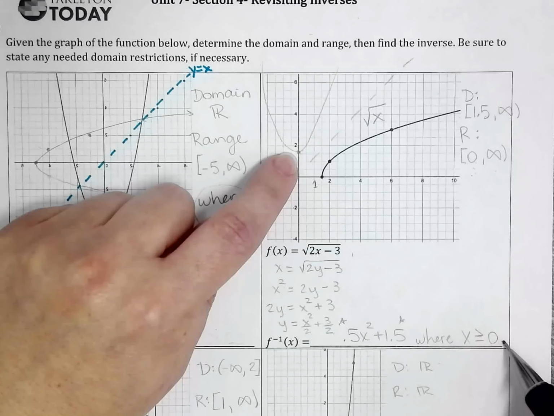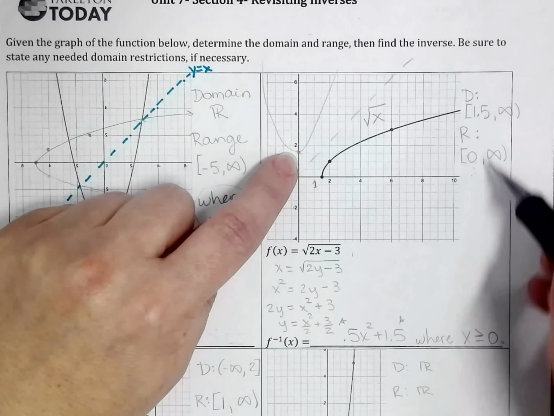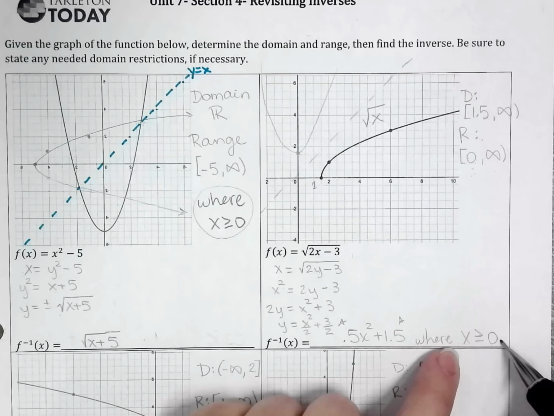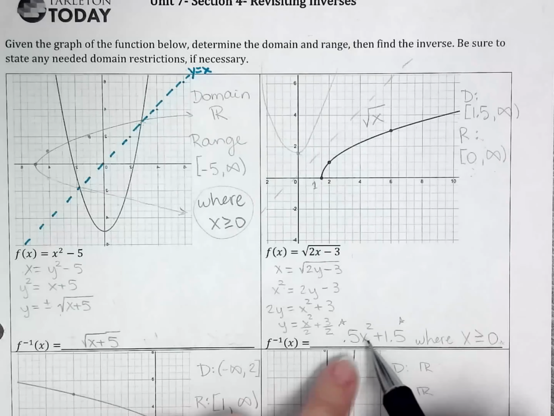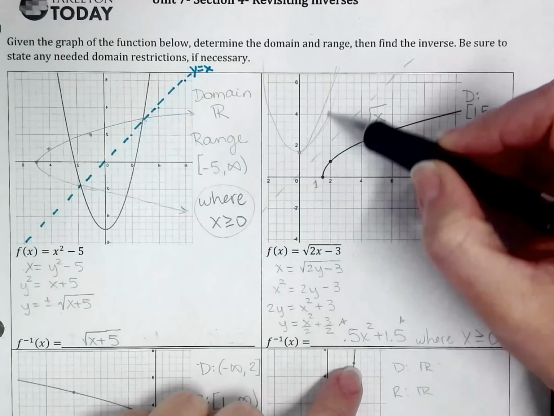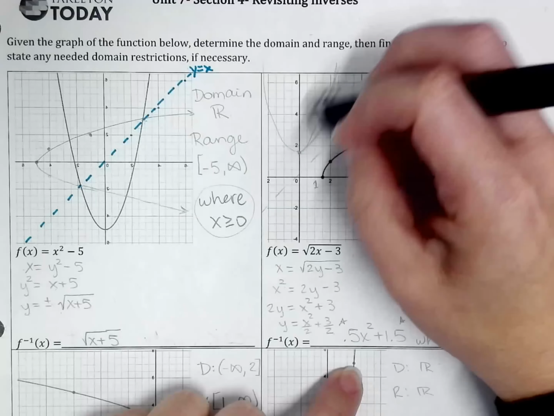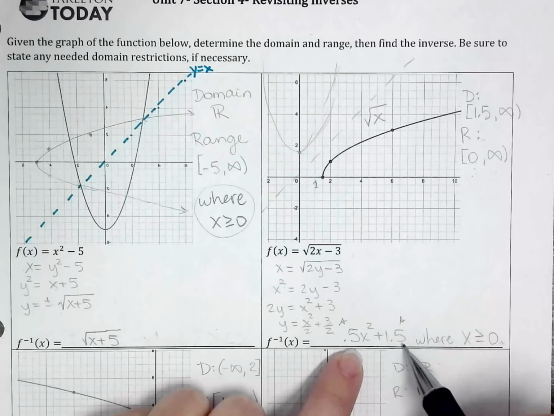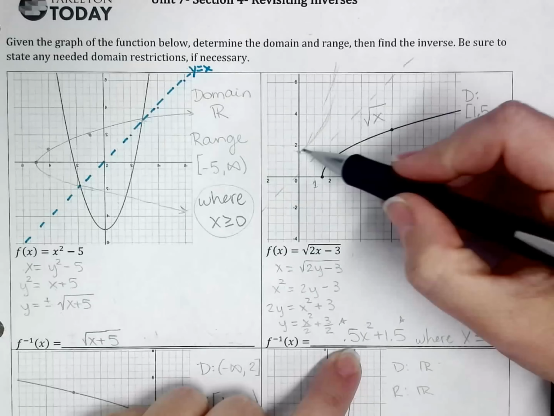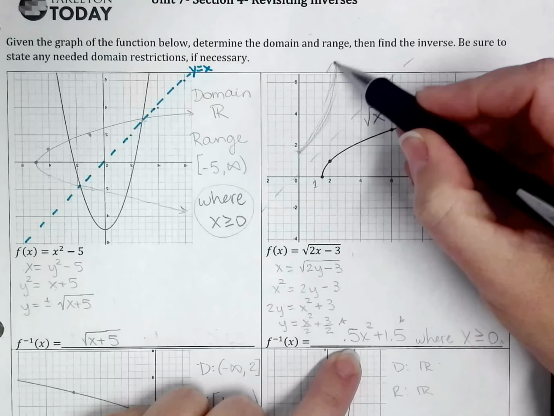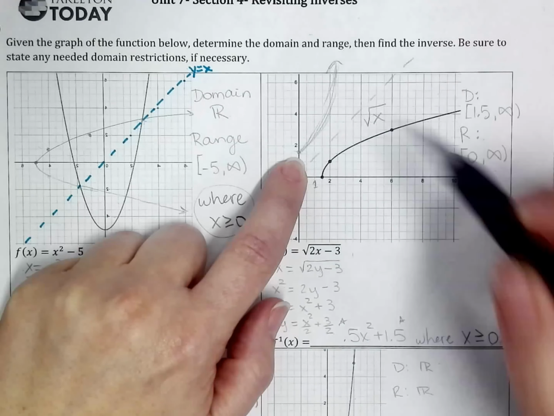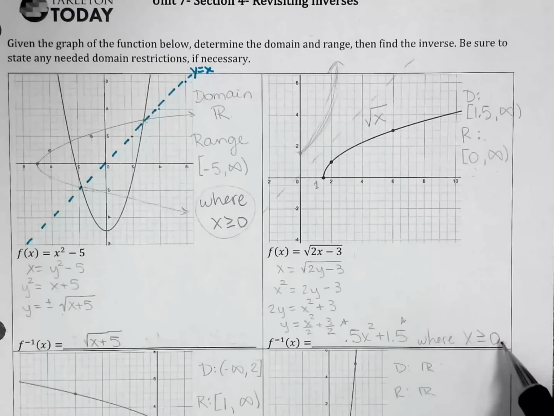That's why the domain restriction is necessary here. That's why the range from the original function is now the domain restriction of your inverse. So even though this is part of your quadratic function, I'm only considering this part of the inverse, okay? Just where x is greater than or equal to 0. And that's a true inverse function right there. Watch out for the domain restriction.